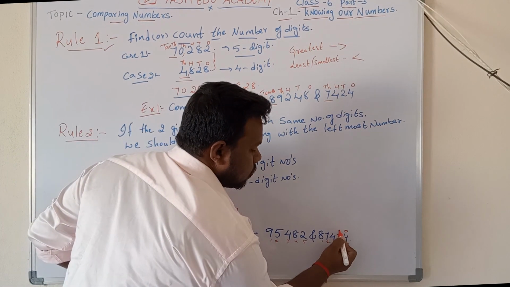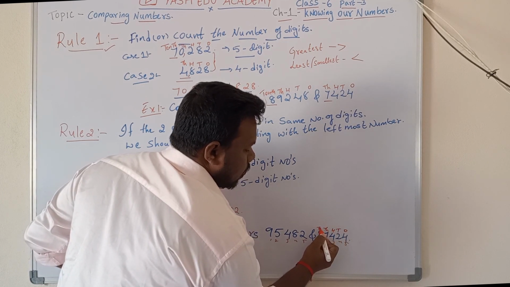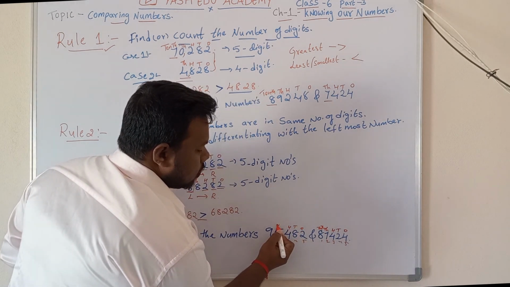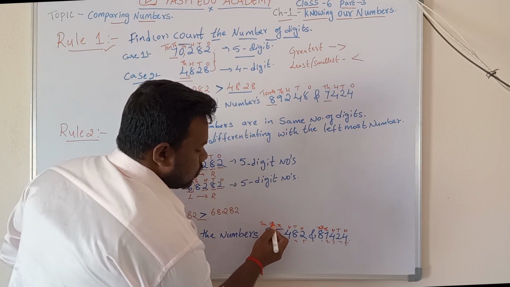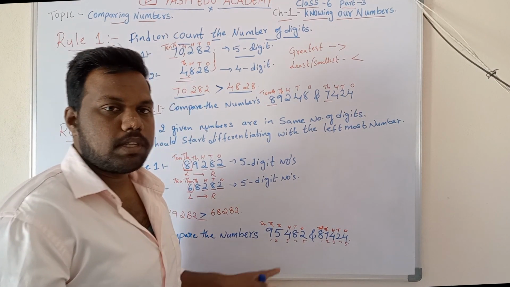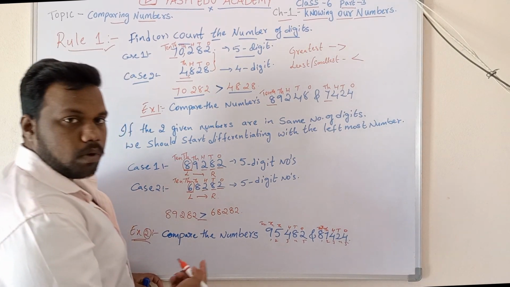Write the place values: ones, tens, hundreds, thousands and 10,000. Here also ones, tens, hundreds, thousands and 10,000. So for both the numbers, the place values and number of digits have matched. So what should we do?